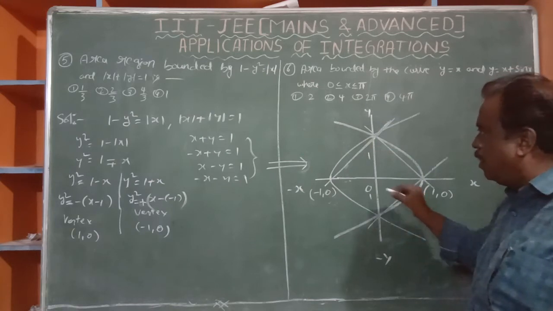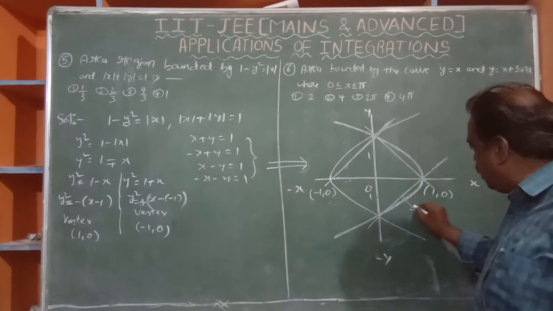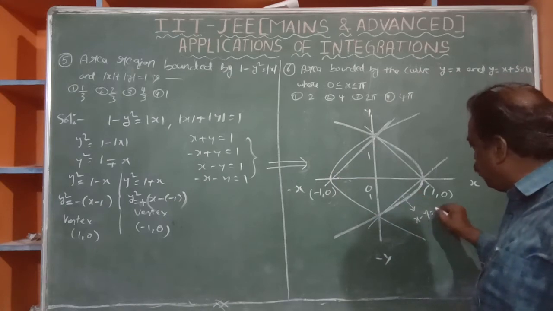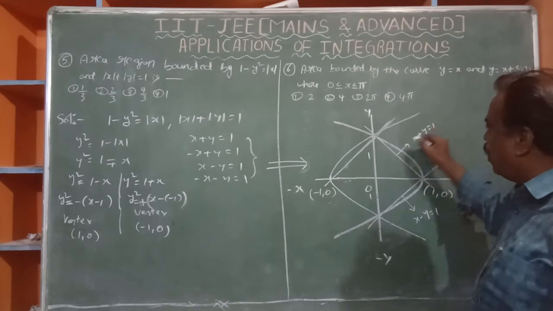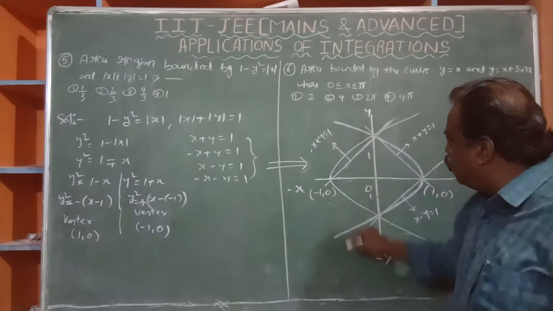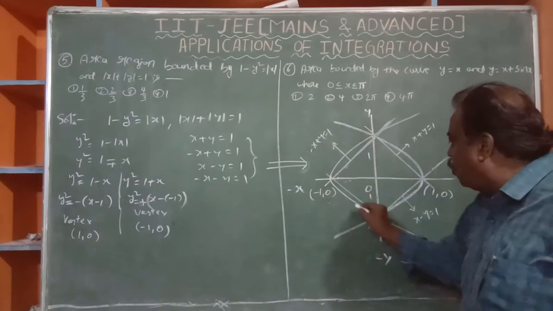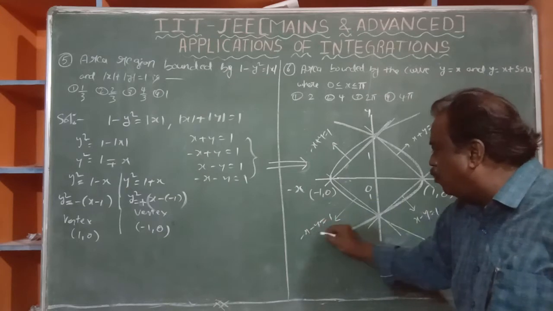This line is x minus y is equal to 1. This is x plus y is equal to 1, and this is minus x plus y is equal to 1. And one more, minus x minus y is equal to 1.